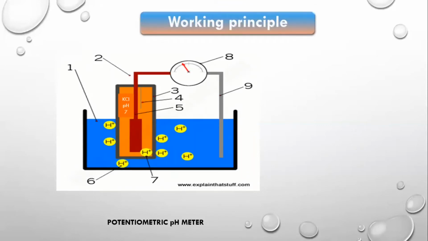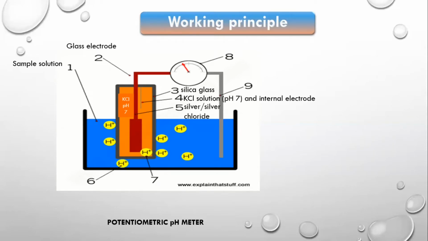Key parts of a pH meter consist of the solution being tested and a glass electrode consisting of a thin layer of silica glass containing metal salts, inside which there is a potassium chloride solution and an internal electrode made from silver chloride. Hydrogen ions in the test solution interact with the outer surface of the glass.